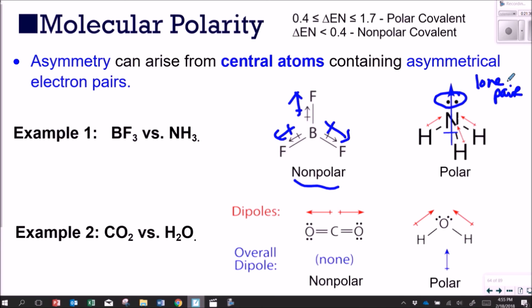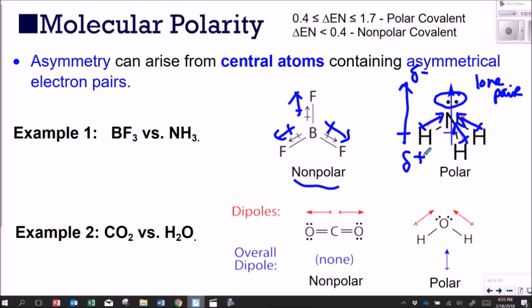So this time our molecule is not symmetrical anymore. We have 3 polar bonds between hydrogen and nitrogen, with nitrogen being more electronegative. And we have this lone pair of electrons on the nitrogen atom. So we end up having a dipole moment where the nitrogen side of the molecule will be more negative and the hydrogen side of the molecule will be more positive.